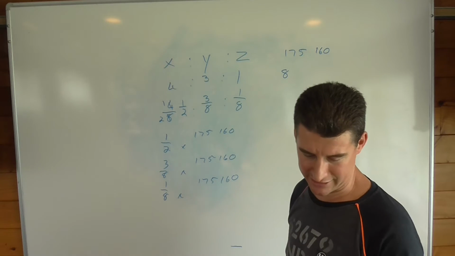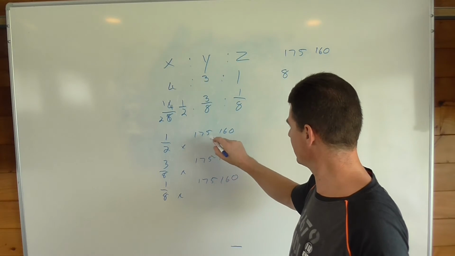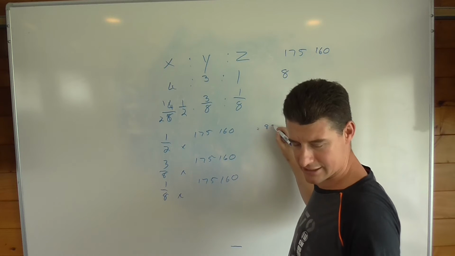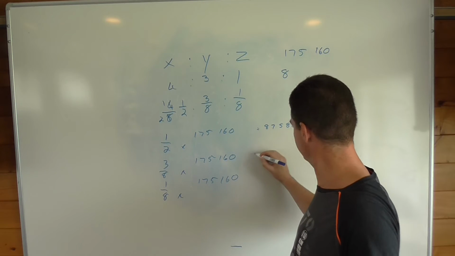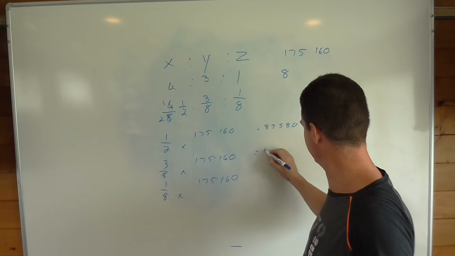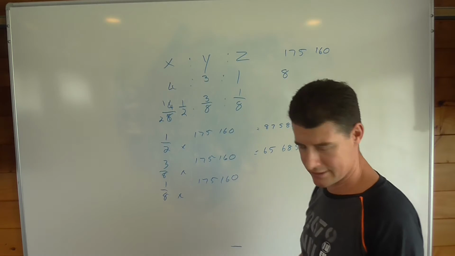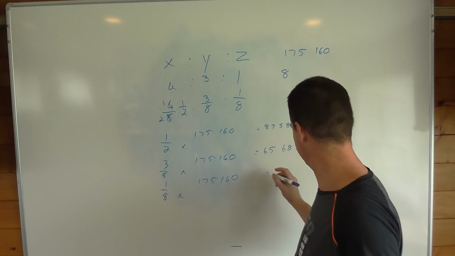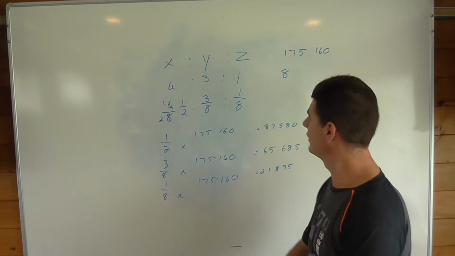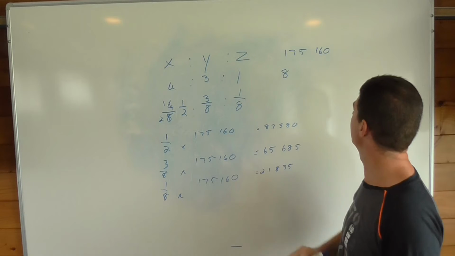And now you just simply calculate it. So it's 1 times 175,160 divided by 2, which gives you 87,580. 3 times 175,160 divided by 8 gives you 65,685. And then the last one will be 21,895. And so we calculated how that profit will be split.